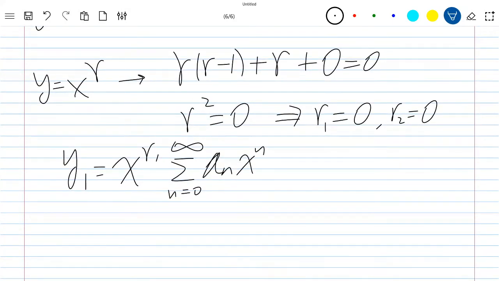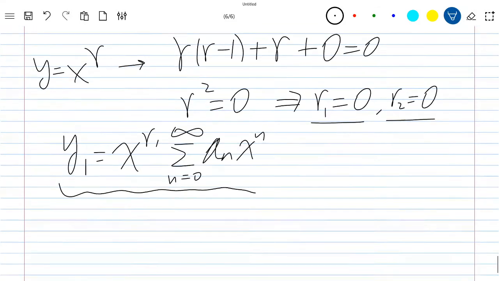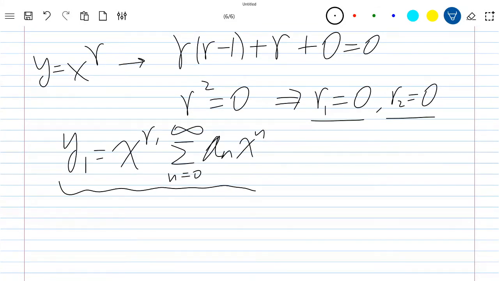It means when r1 and r2 are off by an integer, you will run into a problem when you use this technique. Although y1 will always work, for y2, in this case, you don't even have a form.